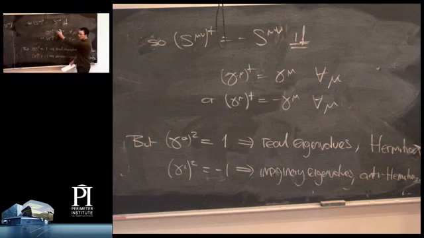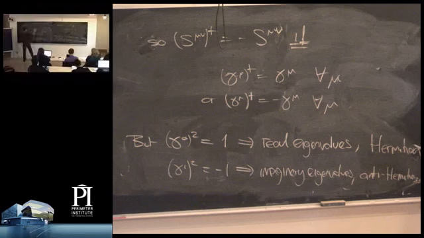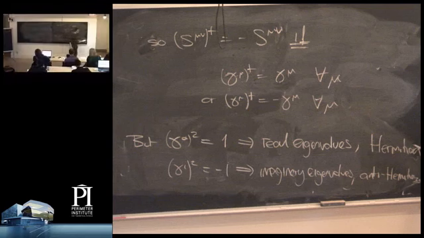But we need all of them to be the same if this was to be a unitary representation. So the reason this wasn't unitary is because of the minus sign in the Minkowski metric. Is this clear? People following?